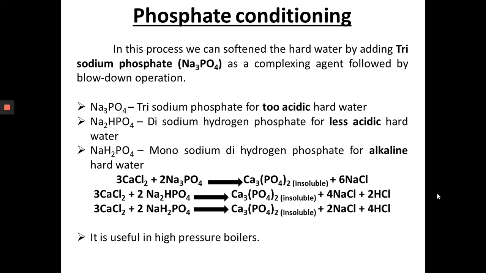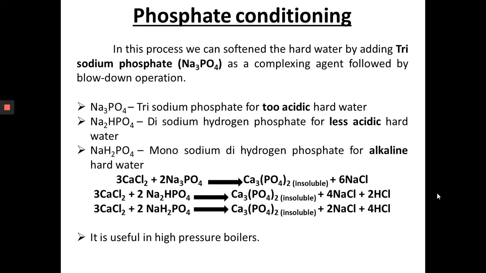How it reacts with the calcium or magnesium salts: you can see when calcium chloride reacts with trisodium phosphate, it forms an insoluble calcium phosphate, which settles at the bottom of the vessel, plus sodium chloride as a side product.